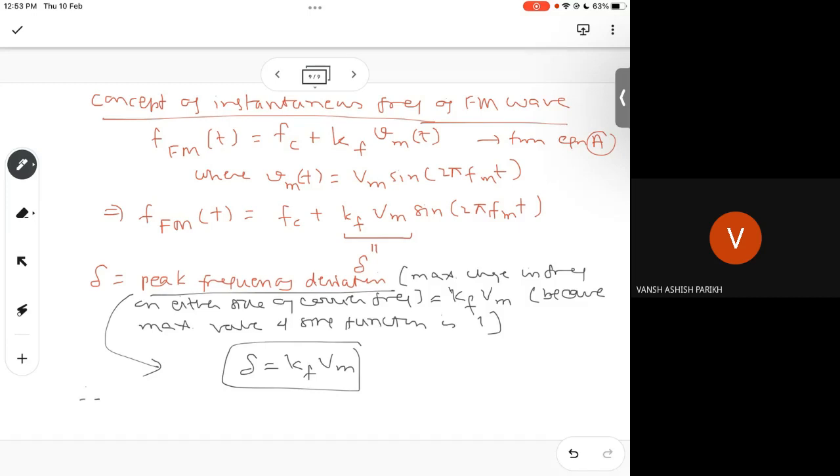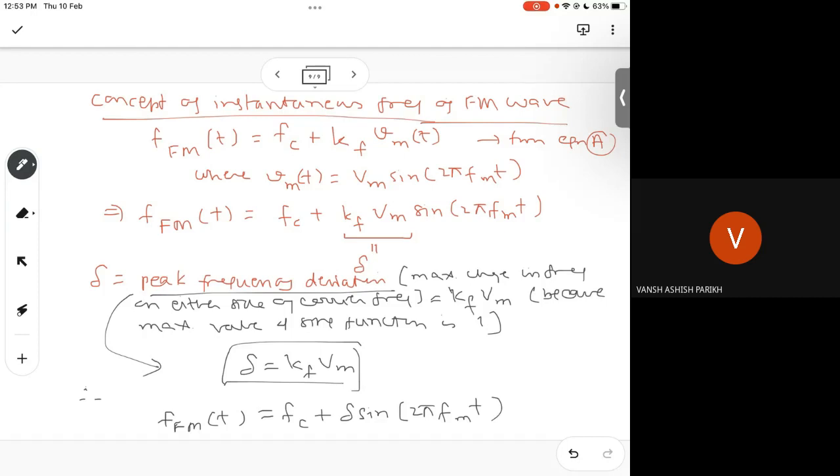Therefore, I can express my FM in another form: f_FM(t) is equal to fc plus delta sine 2 pi fm t.